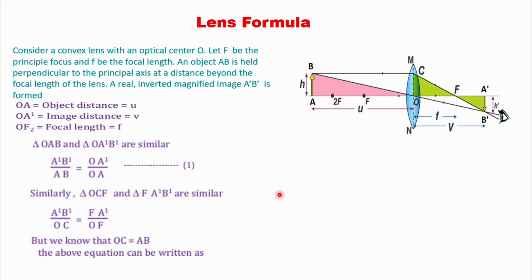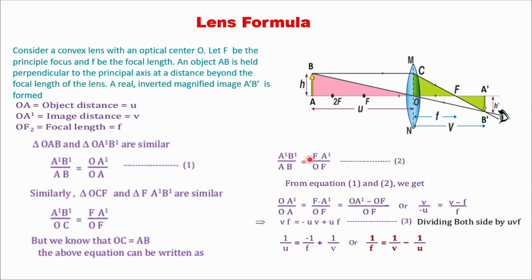In this, these two are similar triangles. Therefore, A dash B dash divided by OC equals FA dash divided by OF. So just see the diagram. This OC is exactly equal to the object height AB. Therefore, this equation is written as A dash B dash divided by AB equals FA dash divided by OF.